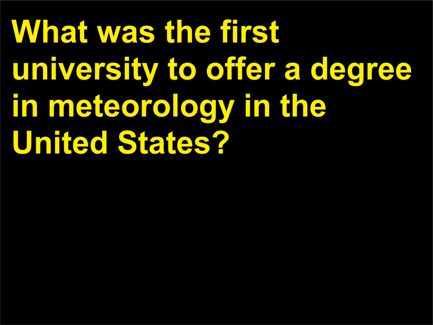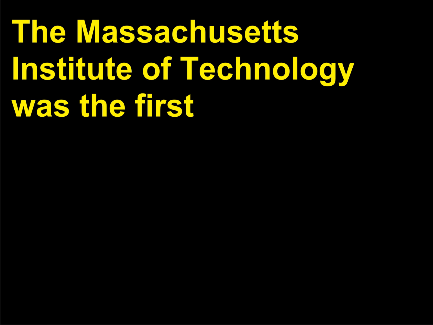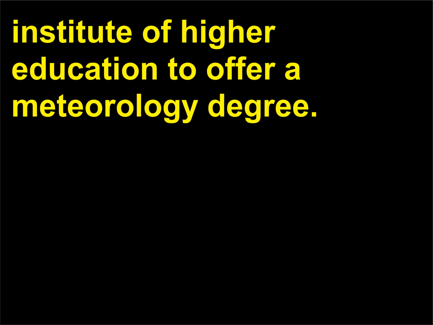What was the first university to offer a degree in meteorology in the United States? The Massachusetts Institute of Technology was the first institute of higher education to offer a meteorology degree.